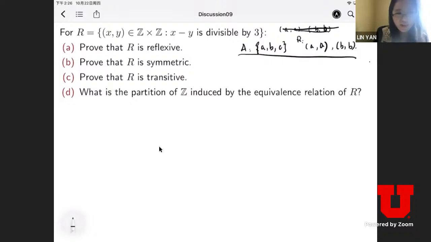Everyone asks, can something be neither reflexive nor irreflexive? Here is an example.